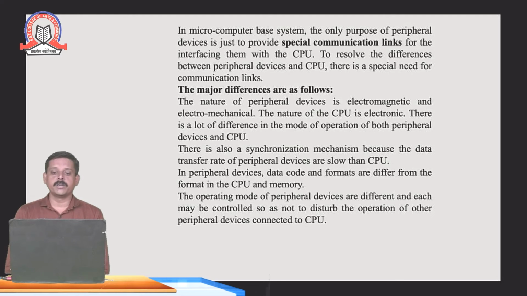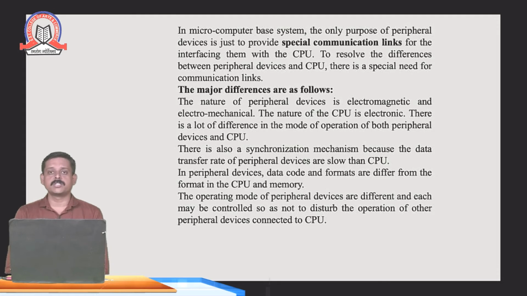The major differences are as follows. The very first is that the nature of peripheral devices is electromagnetic and electromechanical, and the nature of the CPU is electronic. So there is a lot of difference in the mode of operation of the peripheral devices and the CPU.